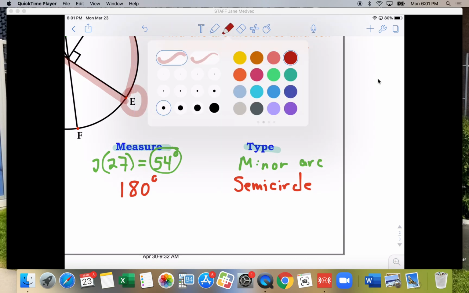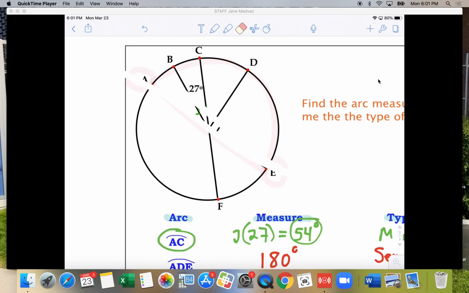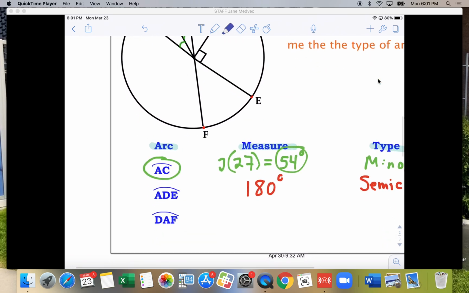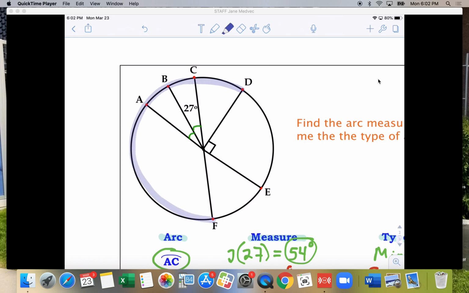Now I'm going to come back to my picture, erase it, and look at arc DAF. There are a couple of things I need to take a look at.